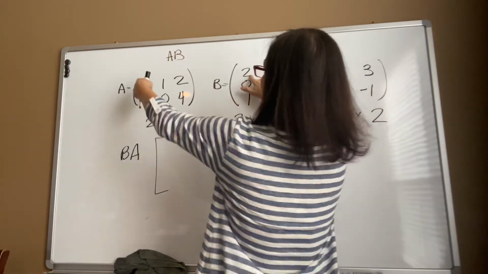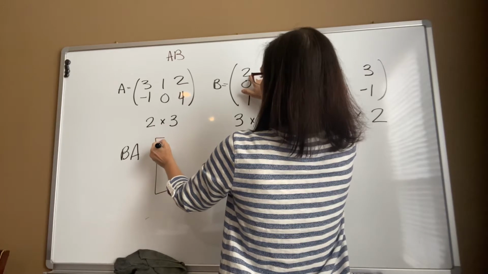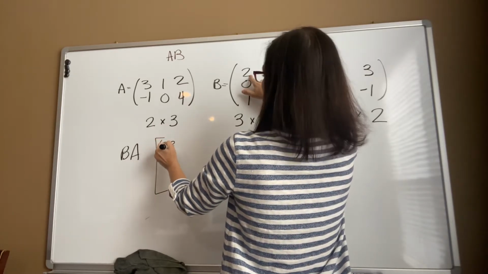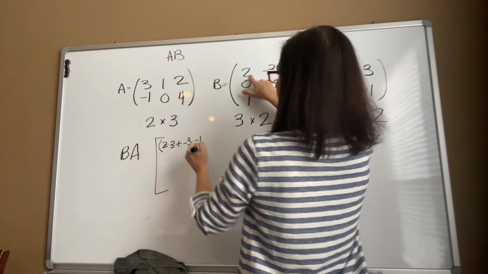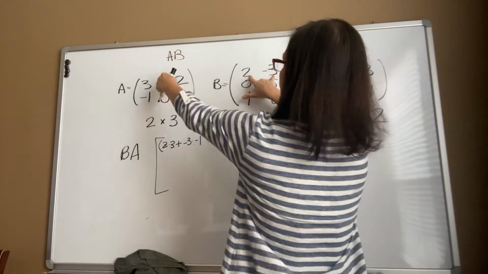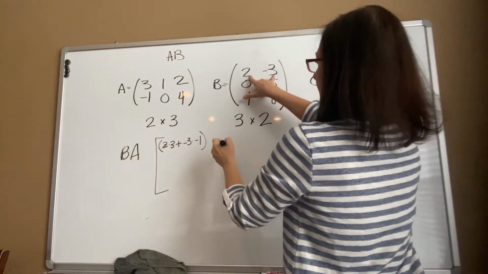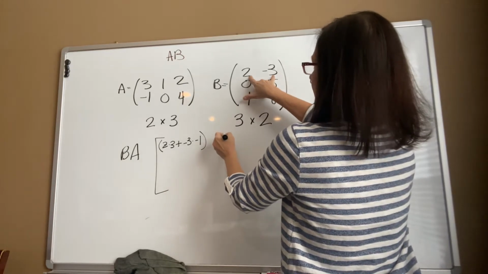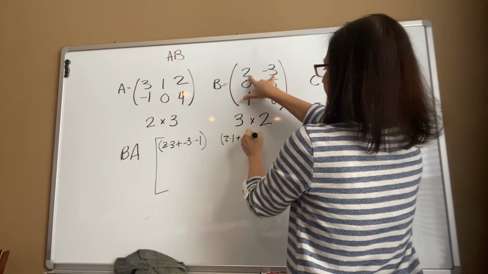So row 1 times column 1. That's 2 times 3 plus -3 times -1. All right, I'm going to stay on row 1, multiply it by column 2. All right, so that's 2 times 1 plus -3 times 0.